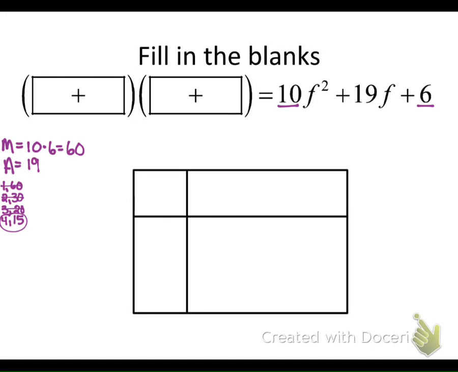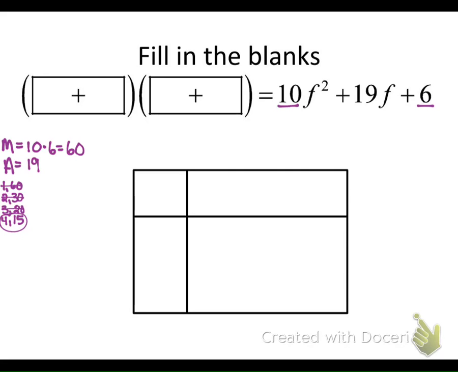So that brings me to step number 3. It says now we're going to write the numbers that make up my MA in the top right and bottom left box. If you choose to write your bigger number up here, you'll still get a right answer.